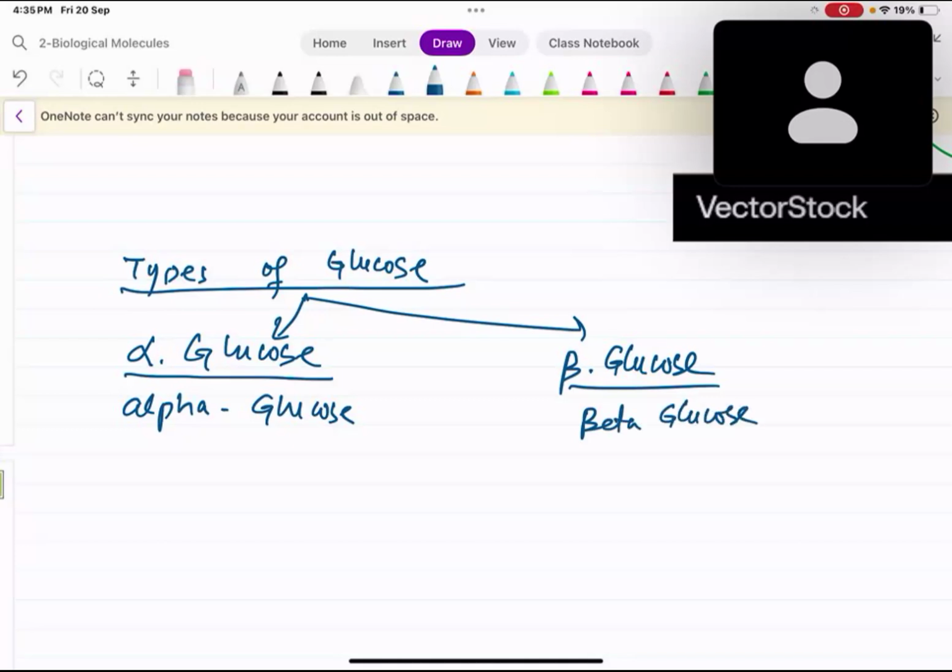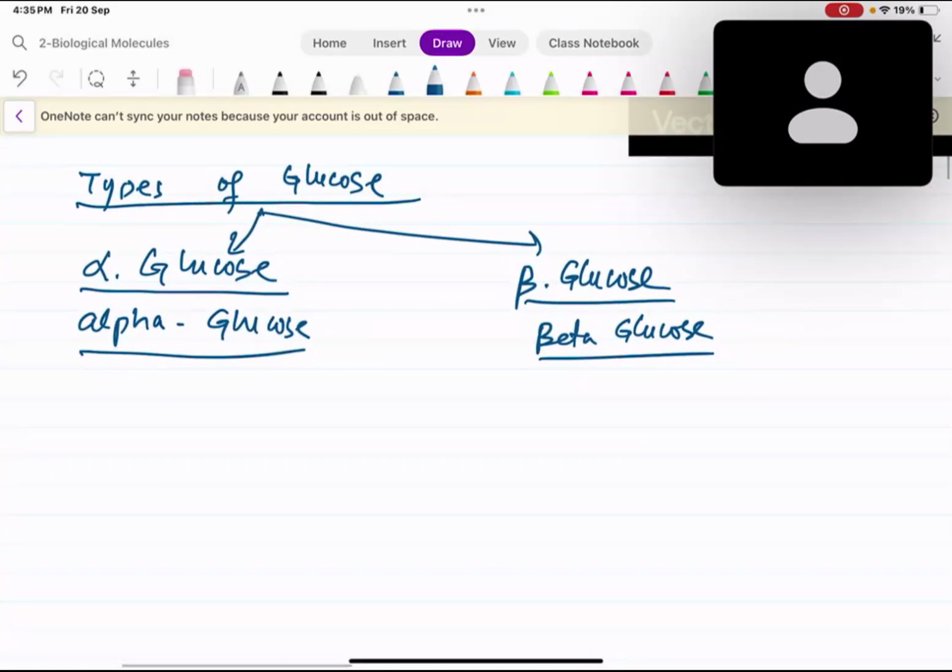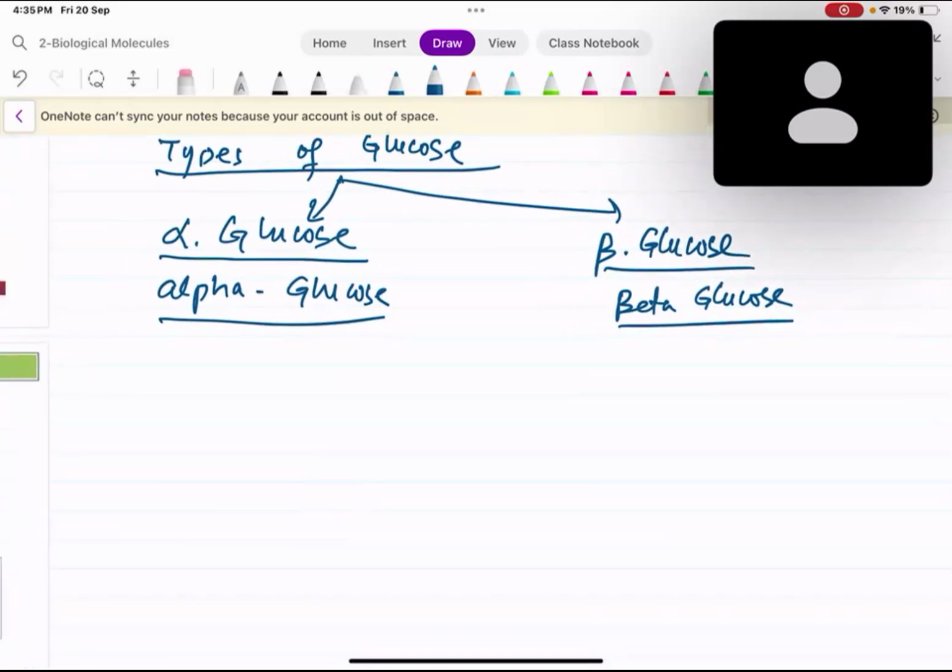Is it okay? So there are two types of glucose, alpha glucose and beta glucose. Let's see the structure of alpha glucose, and we will draw the ring structure of glucose.